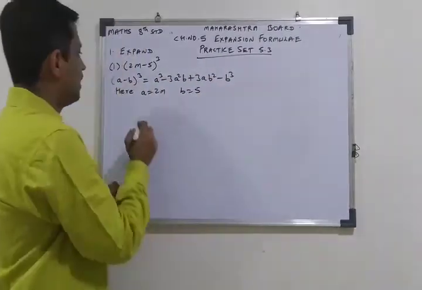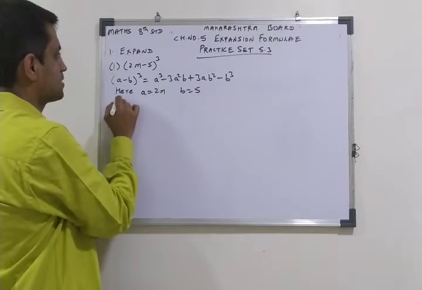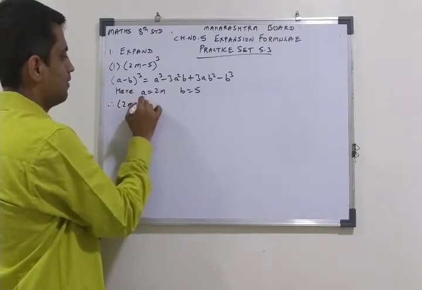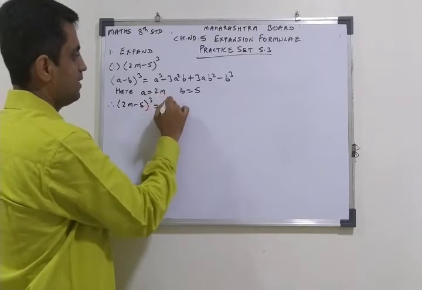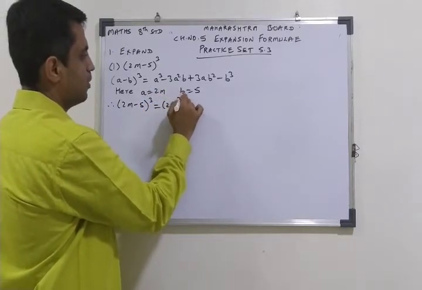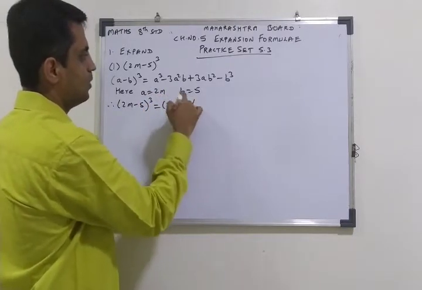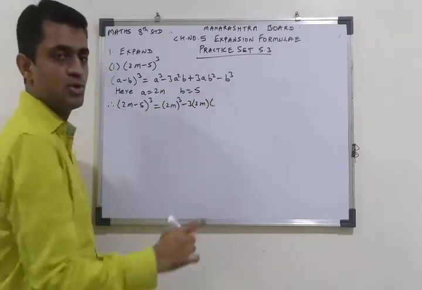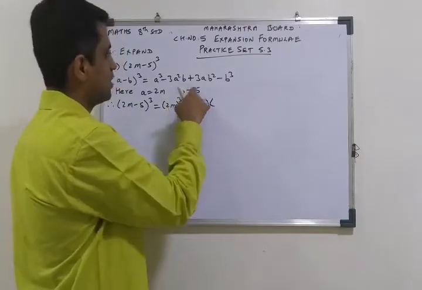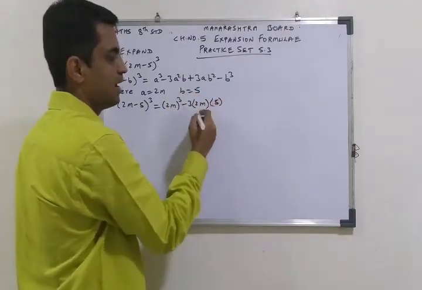So now let us substitute in this expansion form. Instead of a you will write 2m, the whole cube, minus 3 into, instead of a, 2m. So we are substituting the values. Instead of b what will we write? 5.